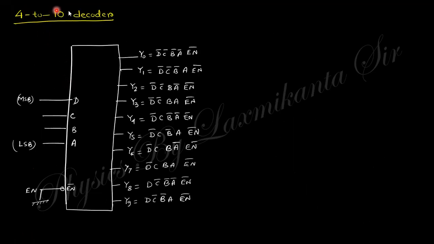For example, a 4 to 10 decoder has 4 bits of input and 10 outputs. But let me share a small example, a 2 to 4 decoder.